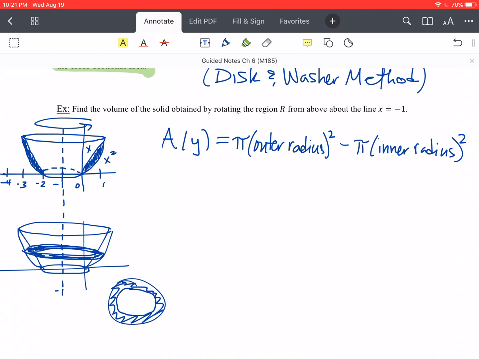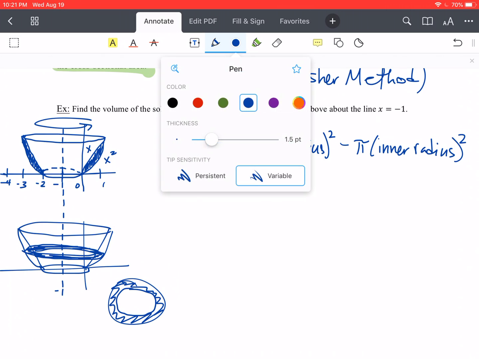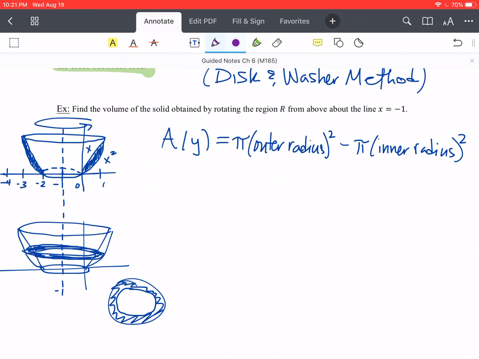Okay, so with these functions, let me go ahead and rewrite these in terms of y. So this one, the line was y equals x, so that can just be y. This one is y equals x squared, so we can rewrite that as x equals the square root of y. Okay, so when we're looking at our distances, our lengths from the center, because again the center is right here.